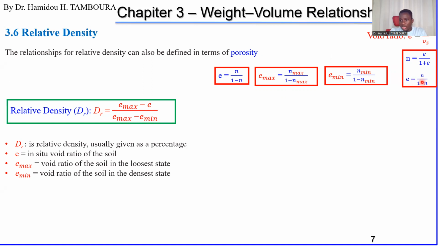Because as you can see, if N is minimum, N is small, the E will also be small.